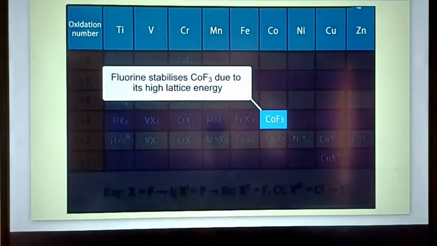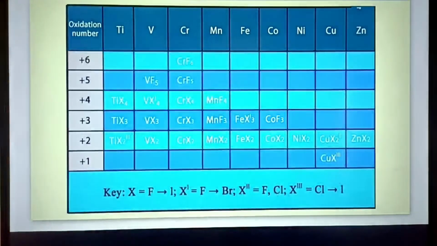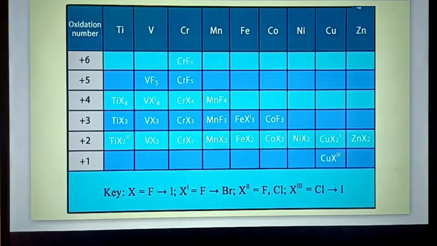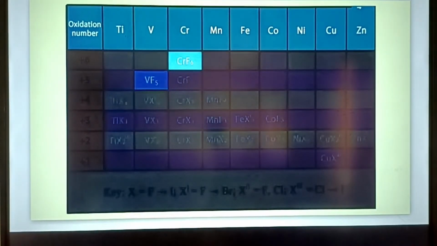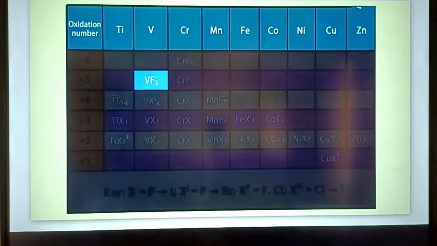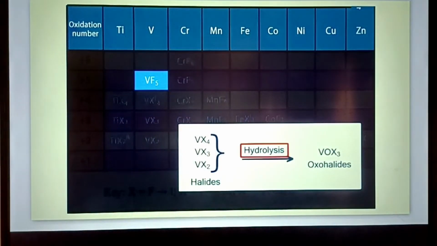Fluorine stabilizes higher oxidation states, either because of its higher lattice energy, as in the case of cobalt trifluoride, or higher bond enthalpy, as in case of vanadium pentafluoride or chromium hexafluoride. Thus, vanadium pentafluoride is stable, while the other halides undergo hydrolysis to give oxohalides of the type VOX3.